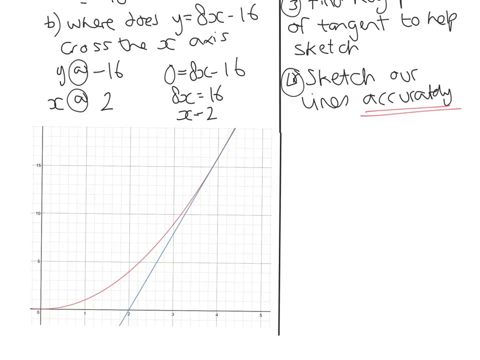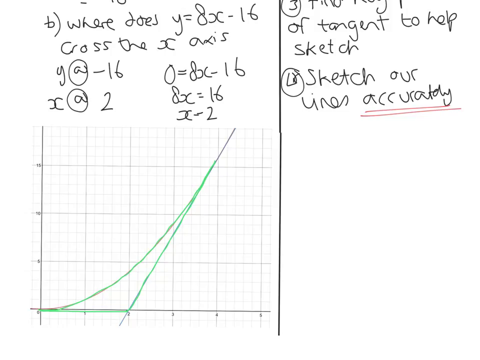We are asked to consider the area between the curve, i.e. the red line, the tangent, which is the blue line, and the x-axis, which is there. So effectively, the area we're looking at is kind of represented by that green space there.